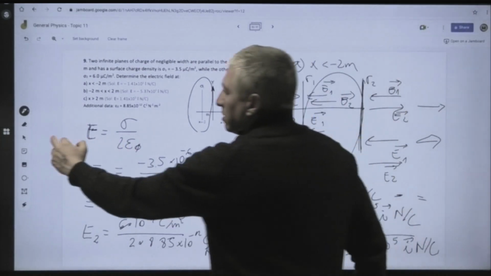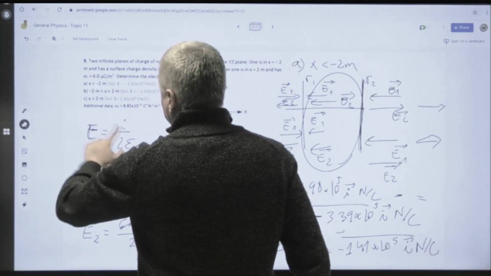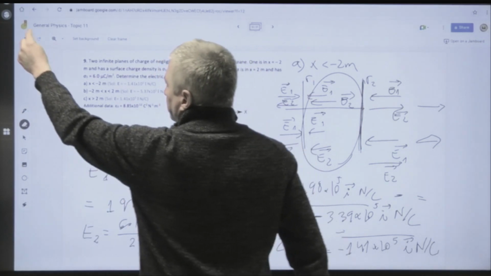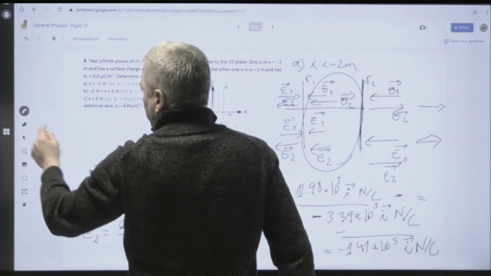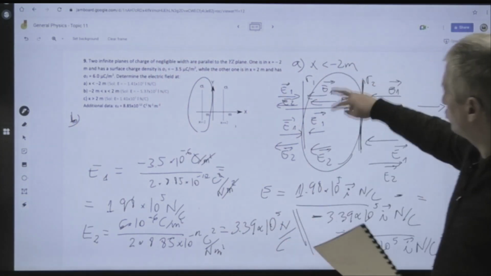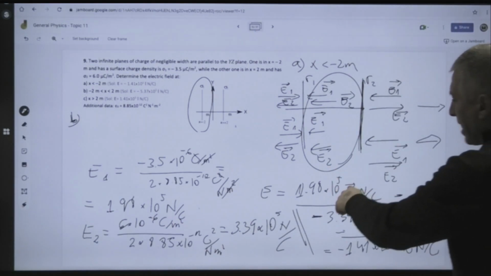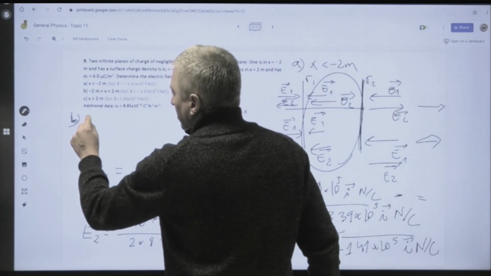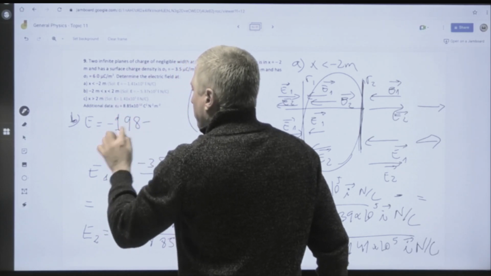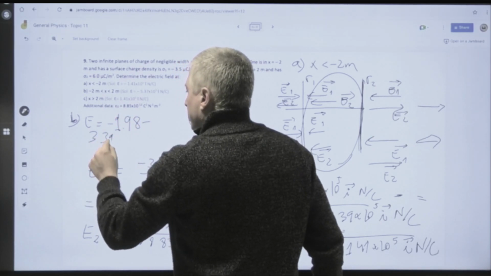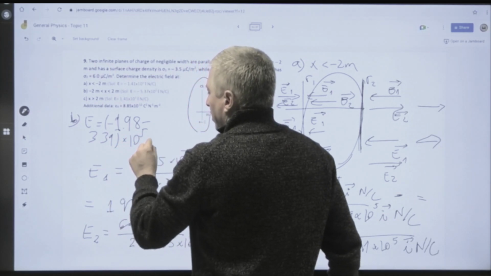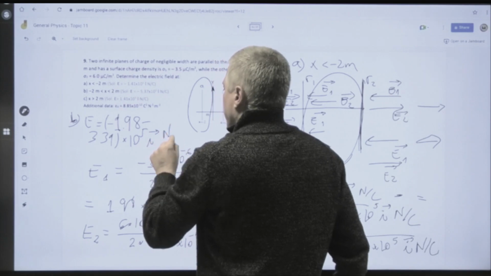So in that case, for point B, what we'll have is minus 1.98 minus 3.39 times 10 to the 5 i newtons divided by Coulomb.